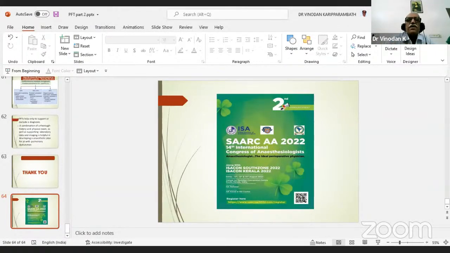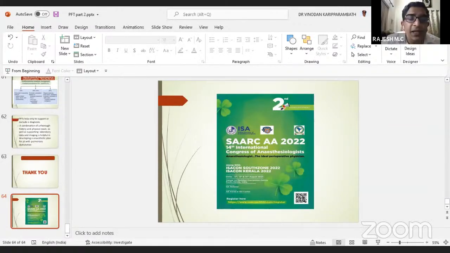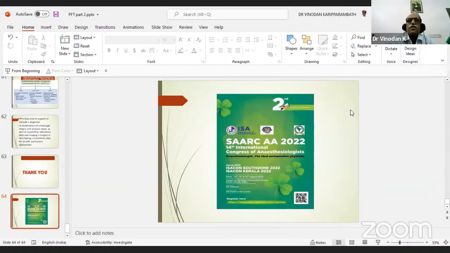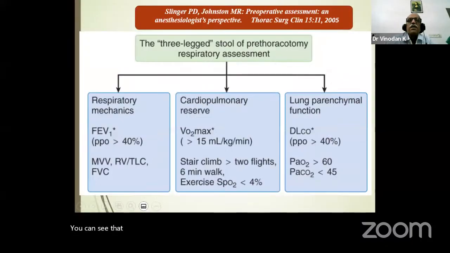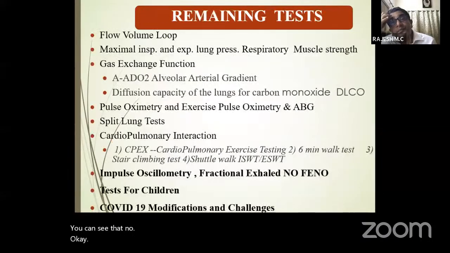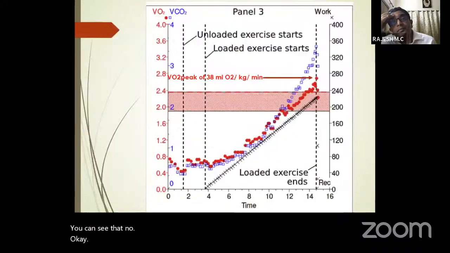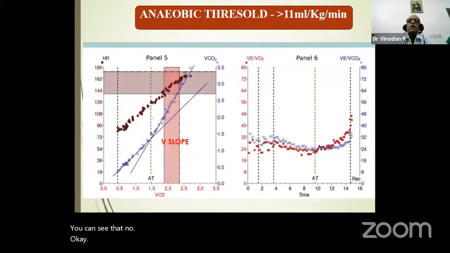That's what I'm trying to get to. Give me some time. So this is of practical importance for students appearing for their exams after the theory. Can you see the slide now? I can't see, sir. You can see that SARC 2022, no? Yeah, okay, it's now going back.